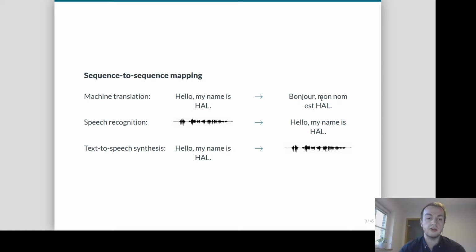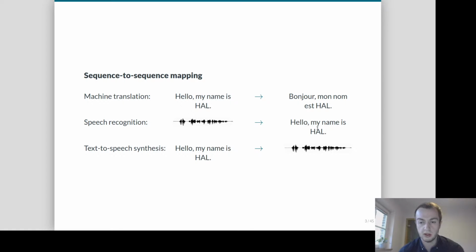And so for example, in the case of machine translation, we would want to map sequences from one language, so sentences, for example, written in English, to sentences written in French. For speech, we would like to map a sequence of sound, basically a waveform like this, into now a sequence of characters or words in some language, and supposedly in the same language as the speech.